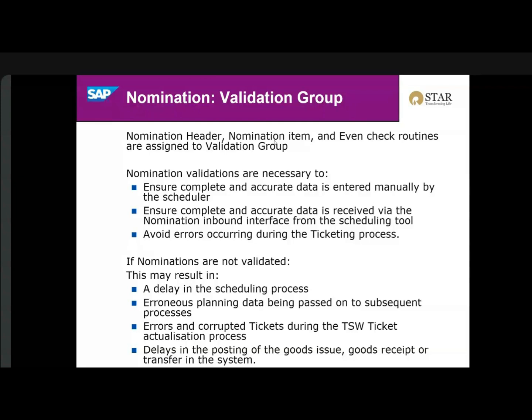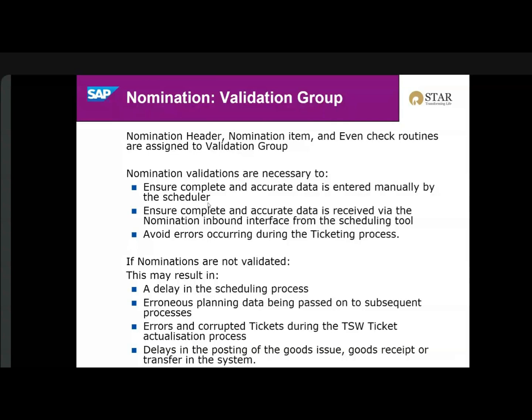Nomination header, item, even check routines are assigned to the validation group. This explains the system setup to do the validation. The validation group is there, and in that, whatever validations we have to do, we have to assign.